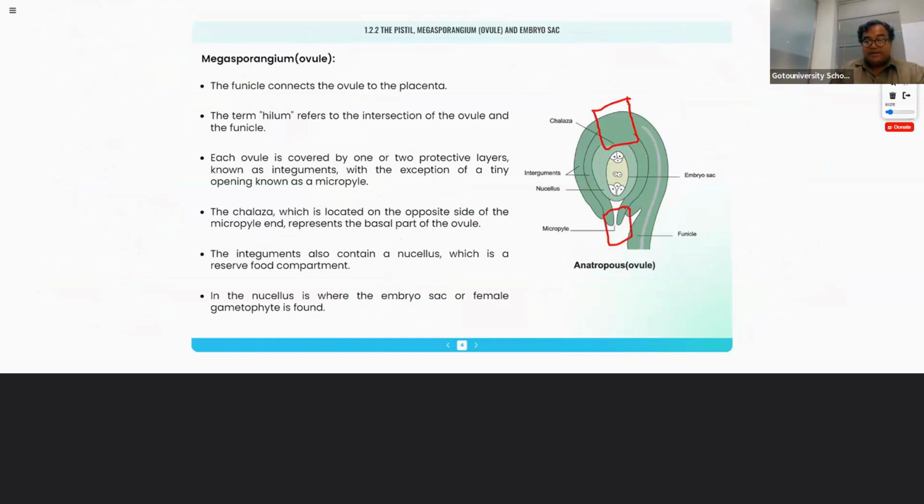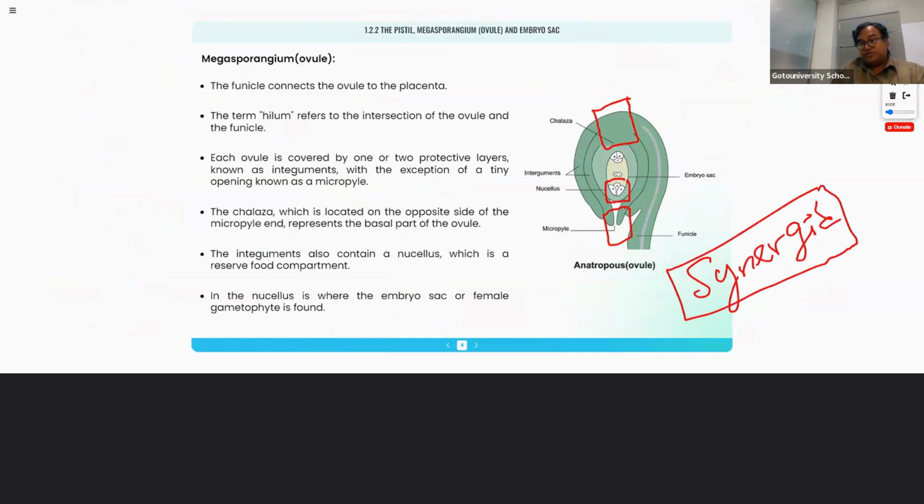In the hilum area, what exactly is present is synergid. This synergid is mainly responsible for making the pollen tube entry happen. Once the pollen tube gets entry, the male gamete is delivered to reach the female gamete, to do the fertilization process. Once these two gametes fuse, you are going to get the zygote, right?